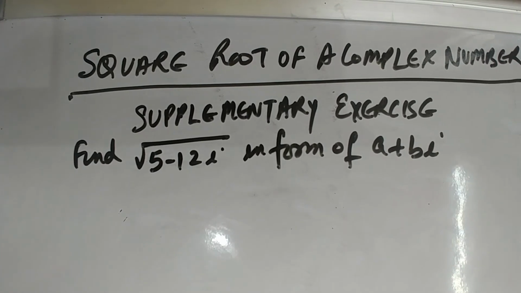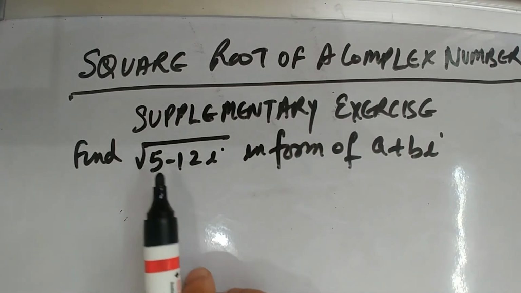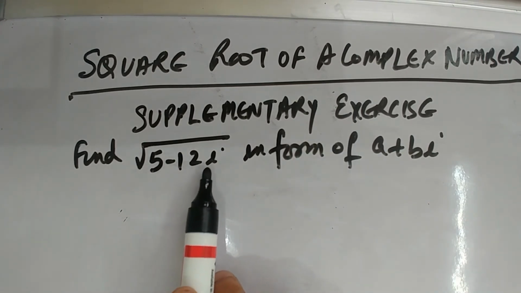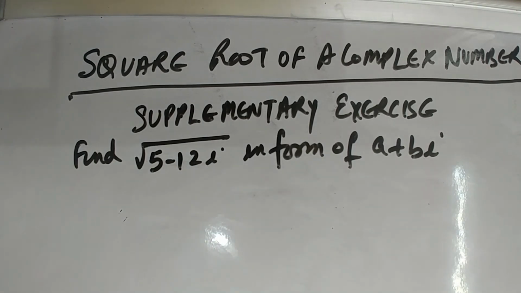Okay, square root of a complex number. This is your supplementary exercise, and you have to find something like root of 5 minus 12 iota. The question will be like: express it in the form of a plus iota b, or simplify or evaluate root of 5 minus 12 iota. So it is all about finding the square root of a complex number.